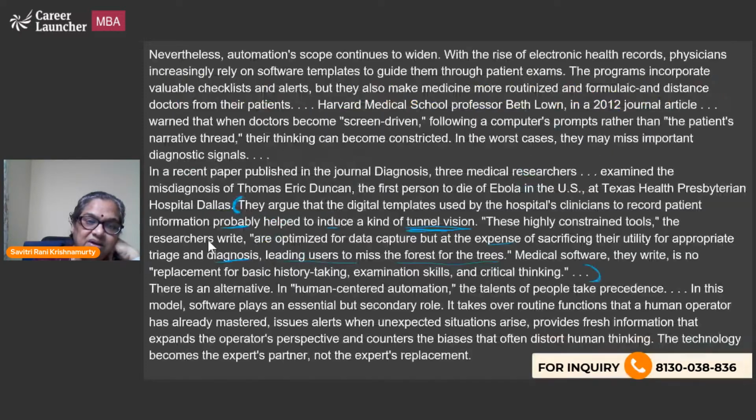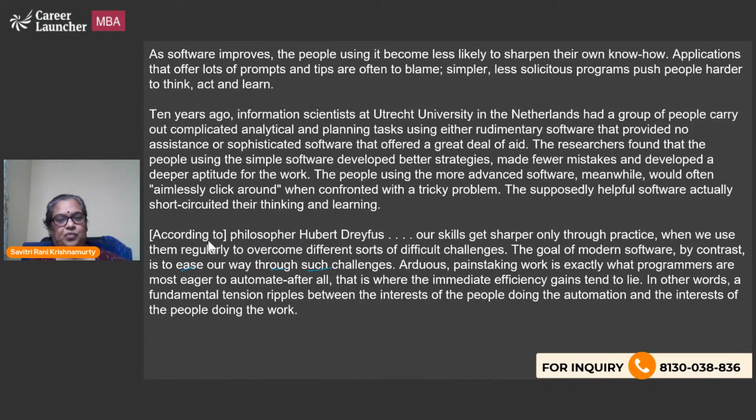Here, you just read this paragraph and then tell me the answer. Information scientists had a group of people carrying out complex analytical and planning tasks. One group used rudimentary software providing no assistance. The other group had sophisticated software that offered a great deal of assistance.